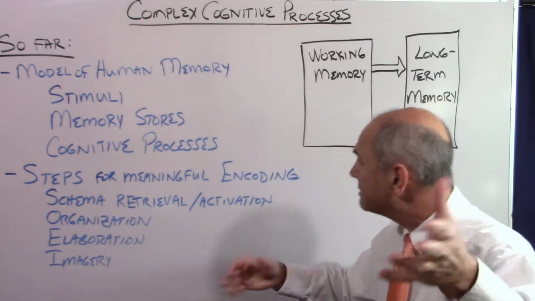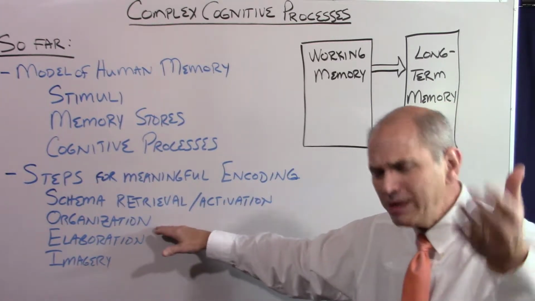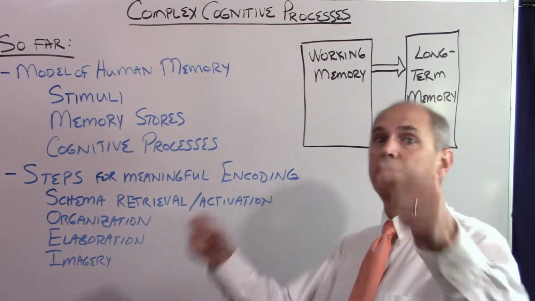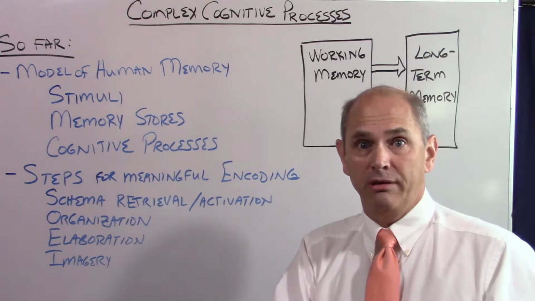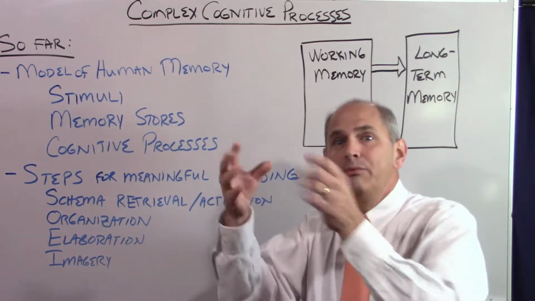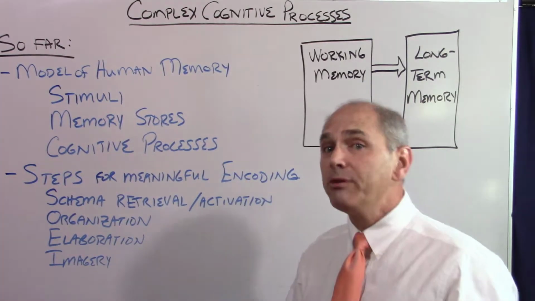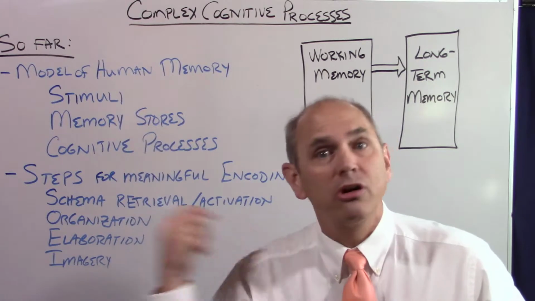Now, how do we get that to happen? Well, the first thing we need to do is be sure that we're organizing the content in ways that students are going to be able to resonate with. We need to put it in ways that they have heard it before. And this is one of the beauties of having a spiral curriculum.